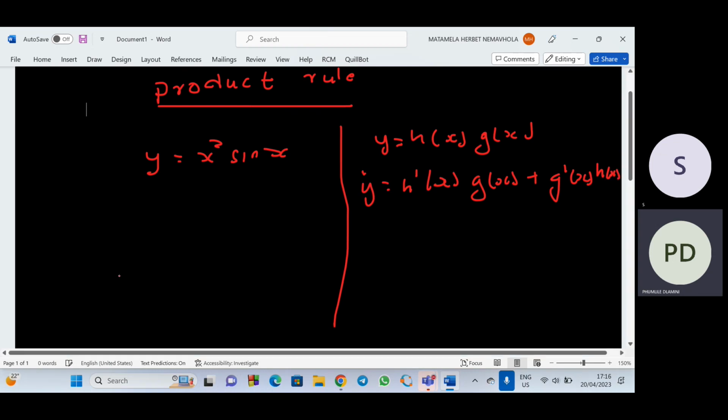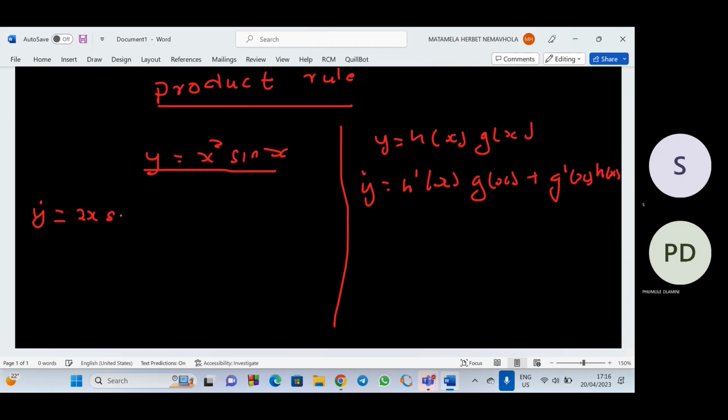So my y prime is going to be equal to: I first differentiate x squared, I have 2x times sine x. Then I say plus. When I differentiate sine, we know we get cos of x, and then I leave x squared as it is.